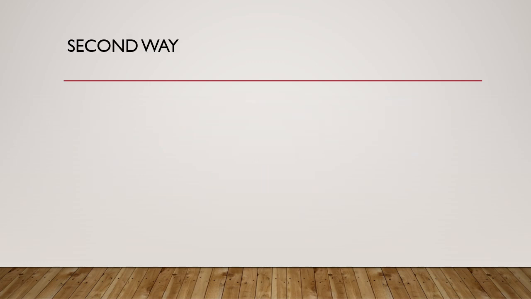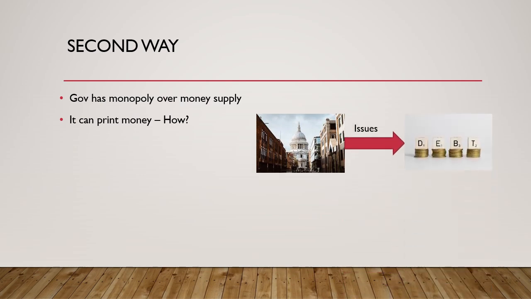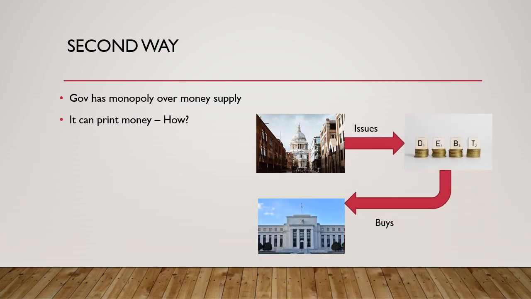In the second way to fund fiscal deficit, since the government has monopoly over money supply, it can print money. How? The government issues debt. This debt is then bought by central banks. Now, the central bank can buy that government debt directly from the government, but usually it buys it indirectly through private players.